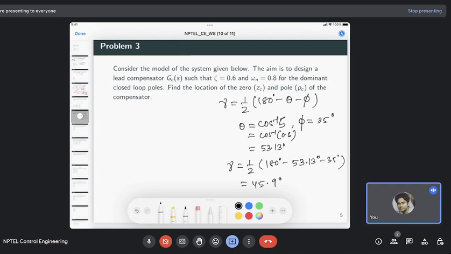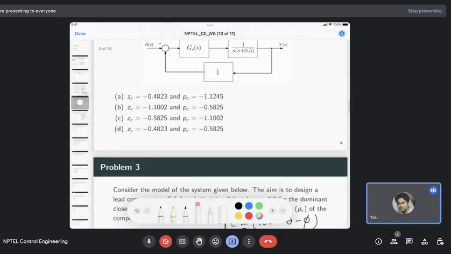Then we find the location of the zero and pole for this compensator. You can use the direct formula to compute that. I'll write the formula here. Using the direct formula, you can always compute the zero and pole location, and if you don't remember it, you can also compute them graphically. These are mentioned in the lecture video.